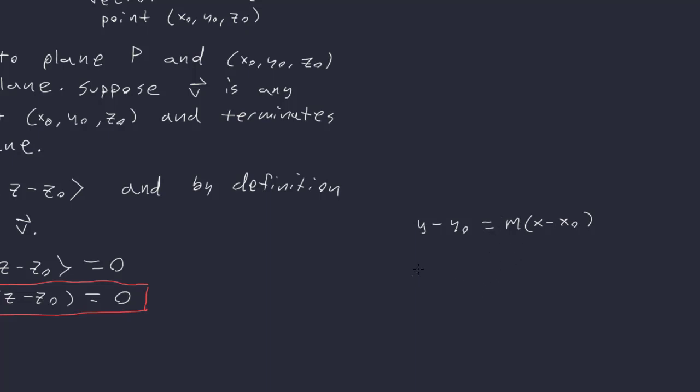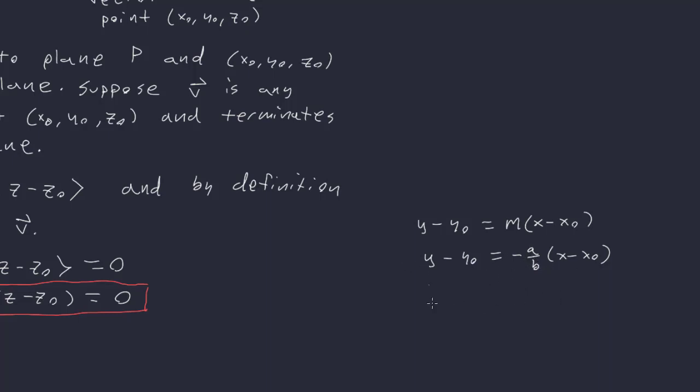Okay, well, if we instead made our m something like this, negative a over b, which I'm just doing for demonstration purposes. I could write this as delta x over delta y or whatever.